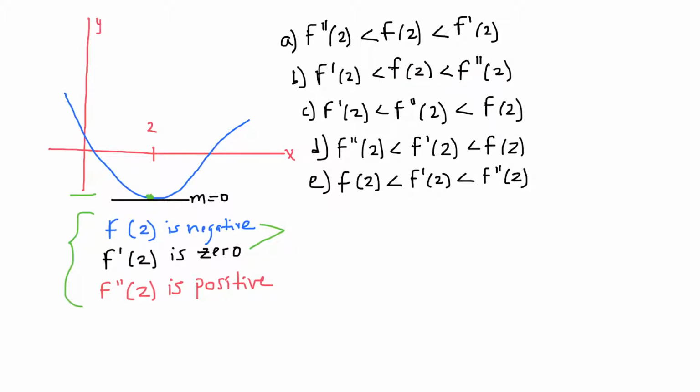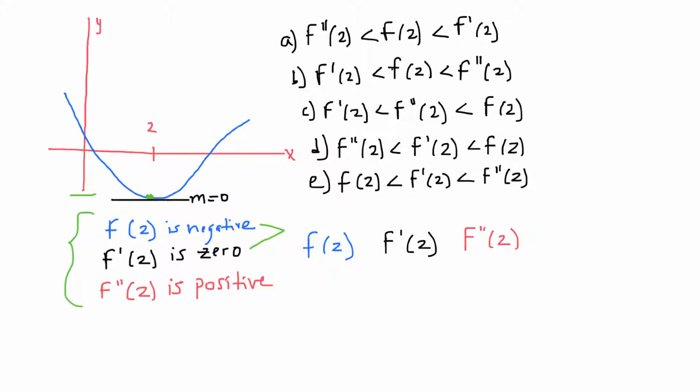So let's look at our result down here, and which one is the least? The negative one is the least, so we should have f of 2 first. And which is the intermediate one, the in-between one? Between a negative and a positive, you should have f prime, so f prime of 2 is in between. And then the greatest one is the positive one, so f double prime of 2.